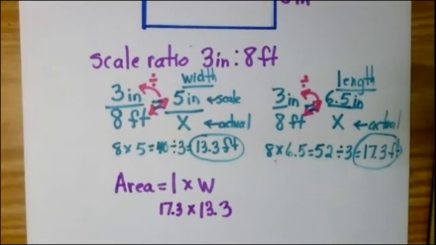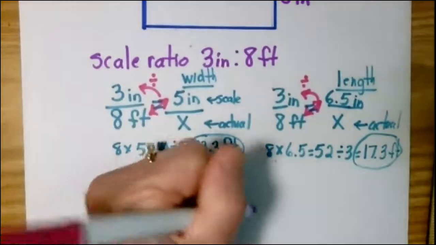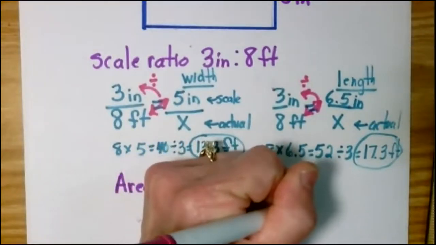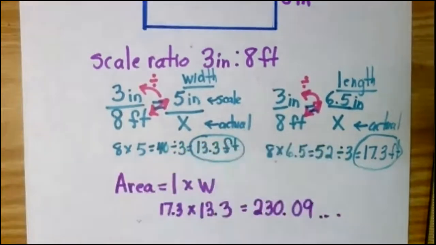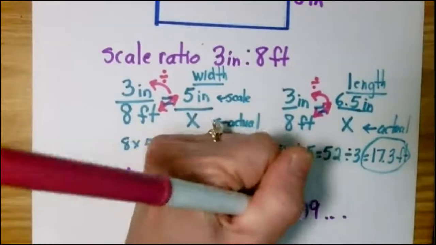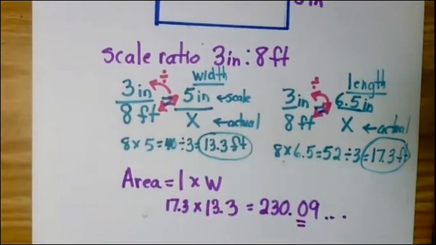And we want to round it to the nearest tenth, so we're going to end up with 230.09 something on our calculator, which rounded to the nearest tenth. Here's your tenth spot. You got to look at the guy next door, a 5 or more, you're going to round up 1 on the tenth spot.